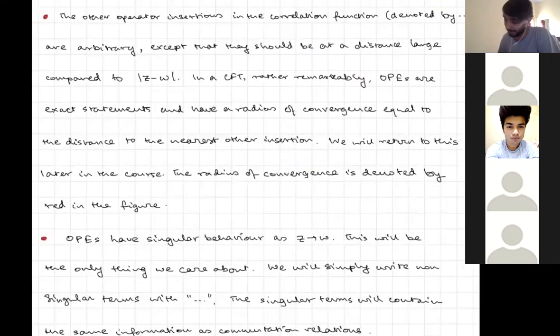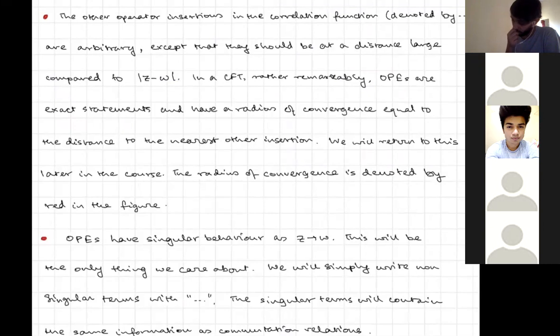And secondly, we also said that the other operator insertions inside the correlation functions are not of importance, except for the fact that they should be at distances large compared to z minus omega.